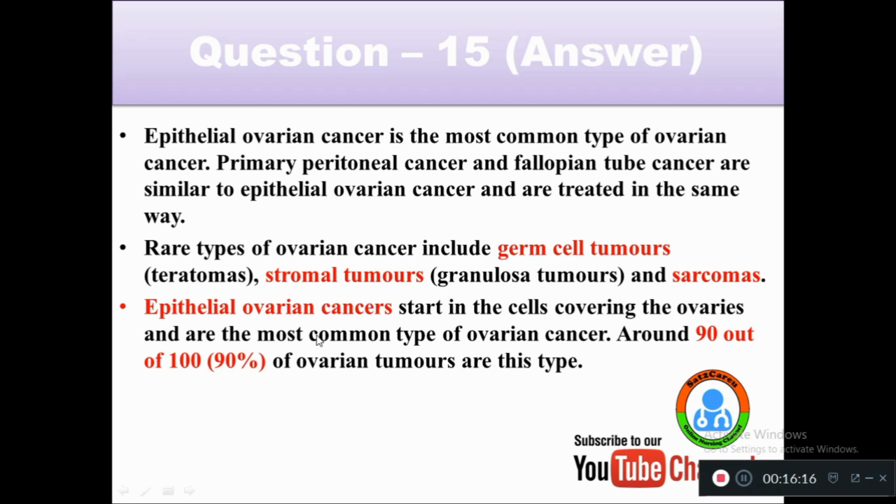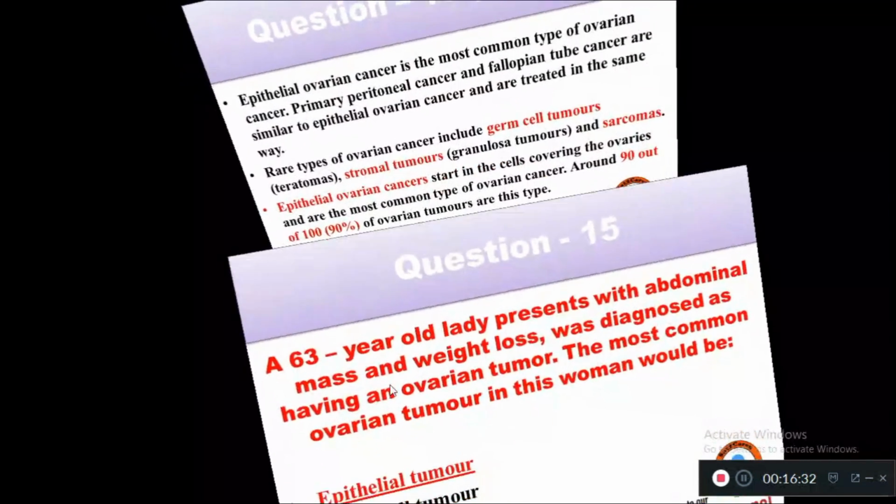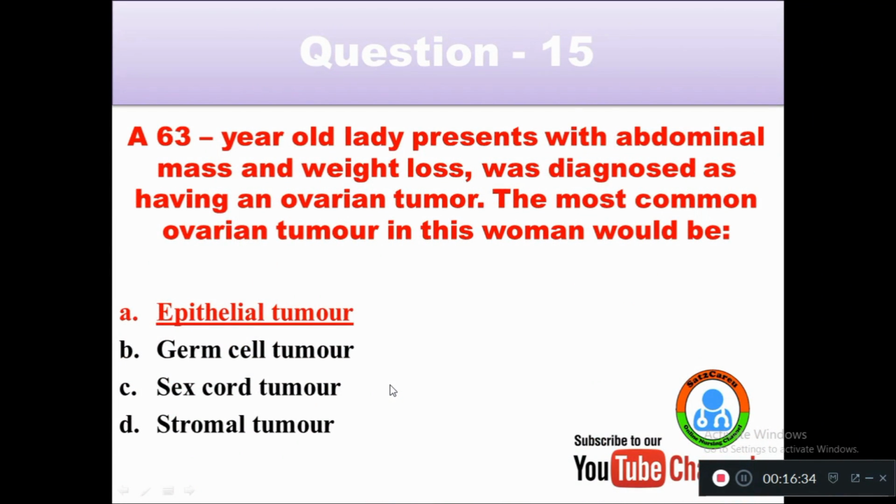Epithelial ovarian cancer starts in the cells covering the ovaries. Around 90 out of 100, that is 90 percent, of ovarian tumors are epithelial ovarian tumors. So option A, epithelial tumor, is the correct answer here.